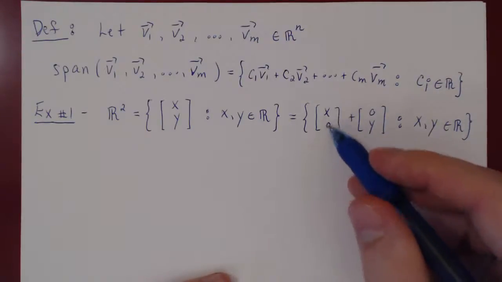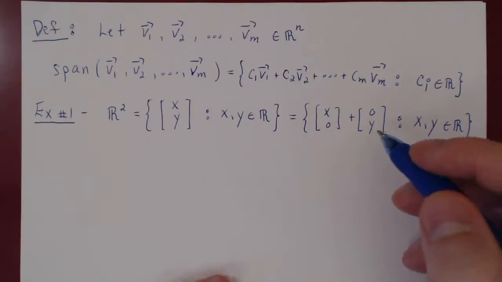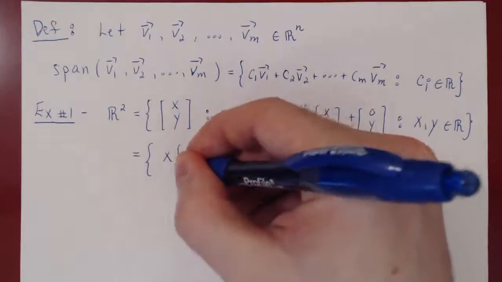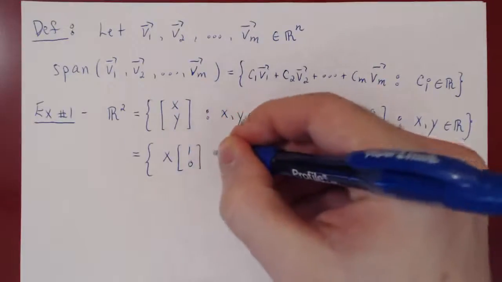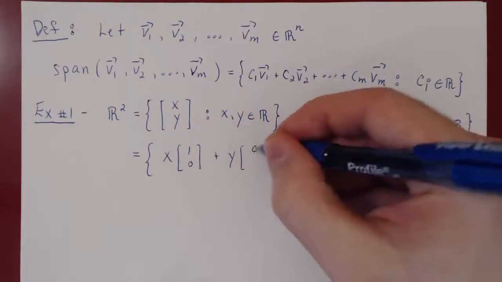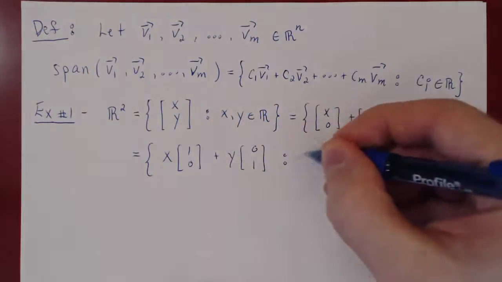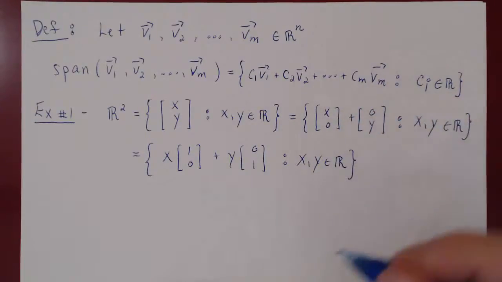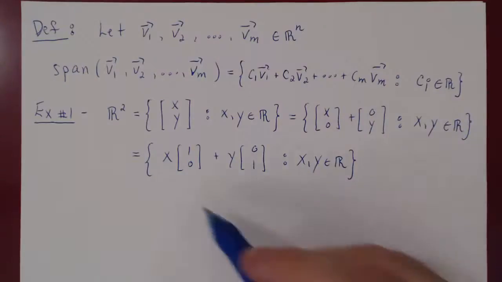And let's factor from this vector an x and from this vector a y, and let's see what we get. We get x times the vector 1, 0, plus y times the vector 0, 1, where x and y are arbitrary real numbers. And look at what we've done here.